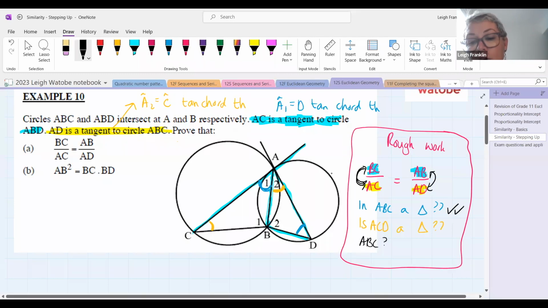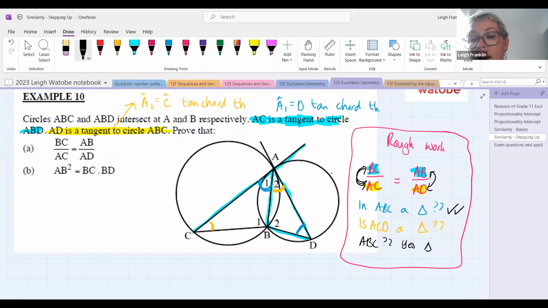What about ABD? Is ABD a triangle? Yes, there we go. So that's how we find the triangles we need to work in.